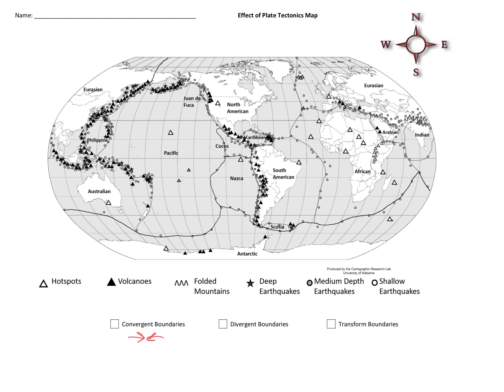So it's subduction. So I will find not only shallow earthquakes, but I'll find medium earthquakes, and I'll find deep earthquakes, and I'll find volcanoes. And so convergent boundaries also includes folded mountains, so I will see that symbol on my map too.